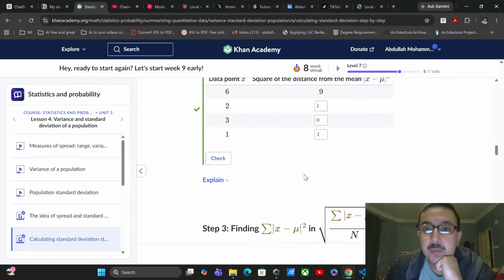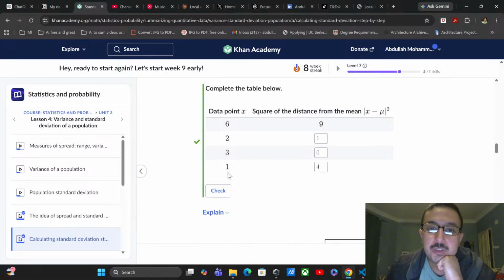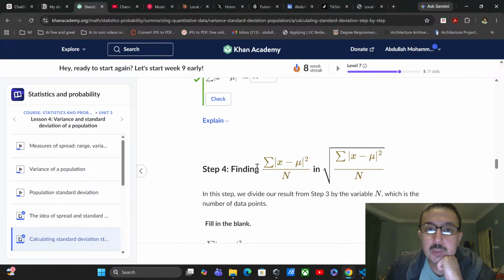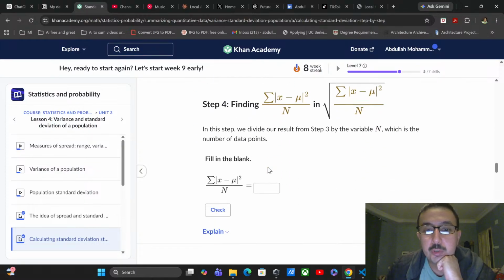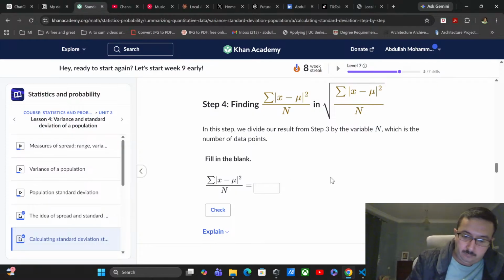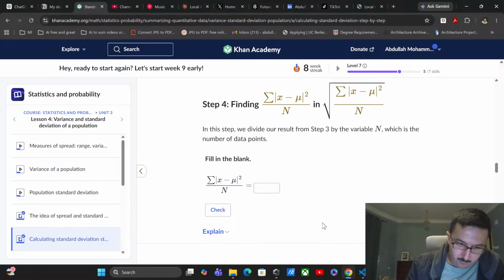Over n, how many? 1, 2, 3, 4 data points. So I got 14 over 4. That's 3.5.